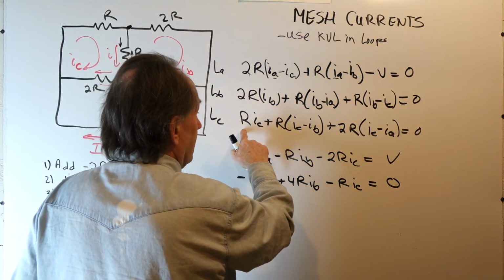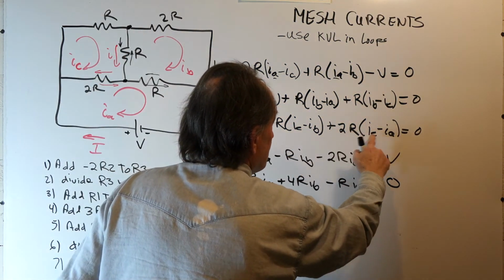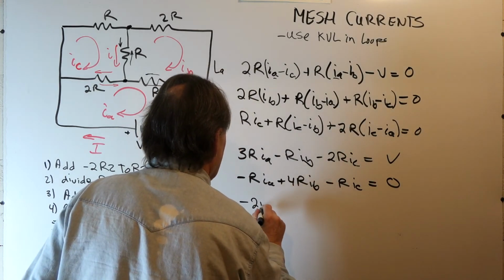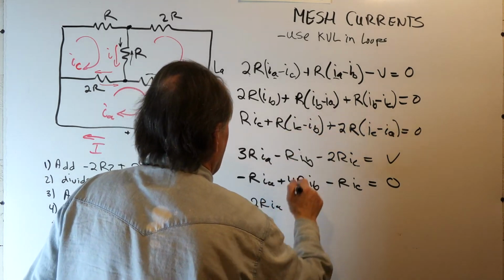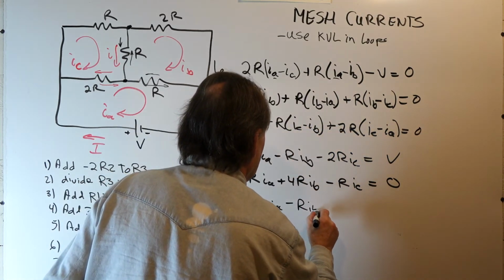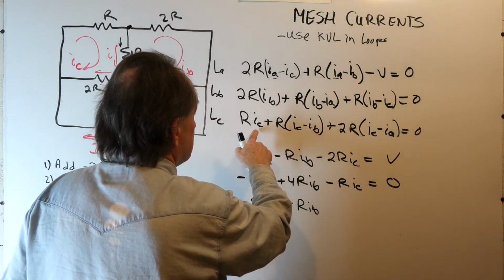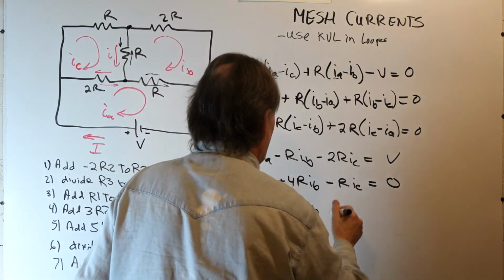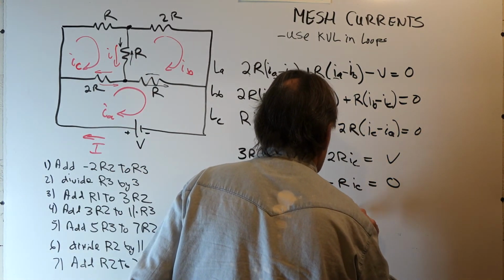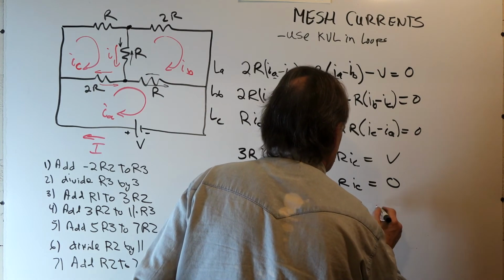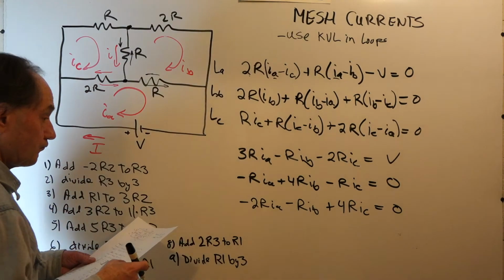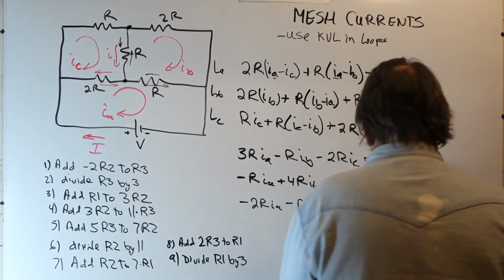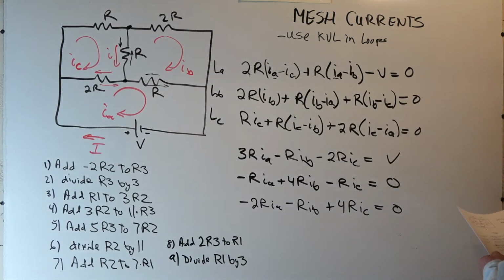And for the last one, for IA, we have a minus 2R IA. For IB, we have a minus R IB. And for IC, we have 1, 2, 4R IC, and that also is equal to 0. Now, I'm going to go ahead and put this using matrix notation.